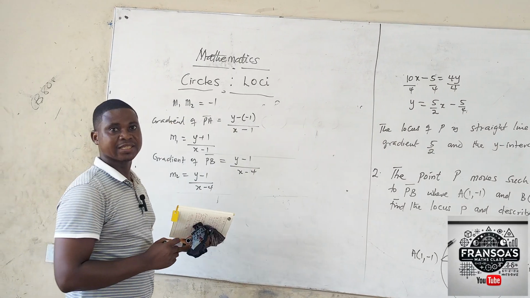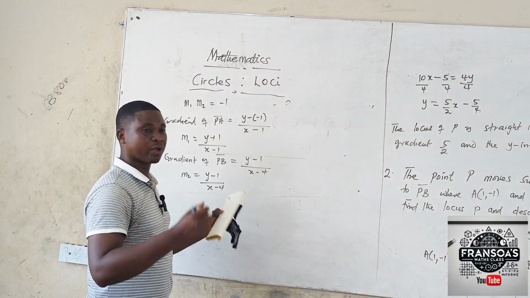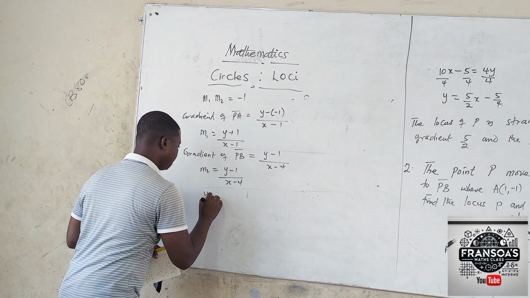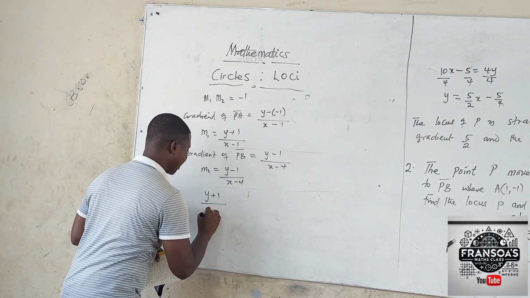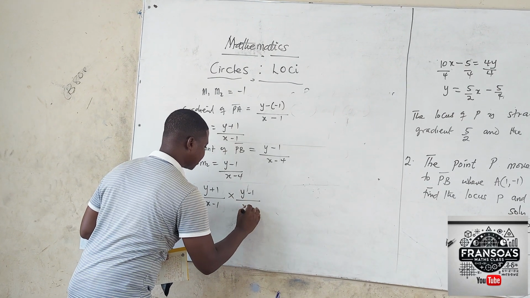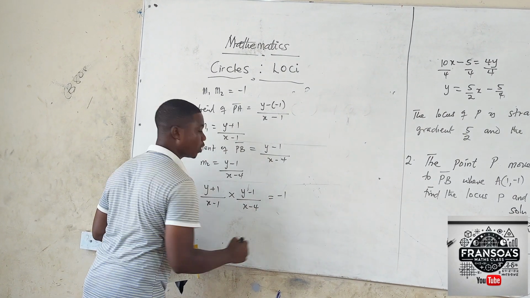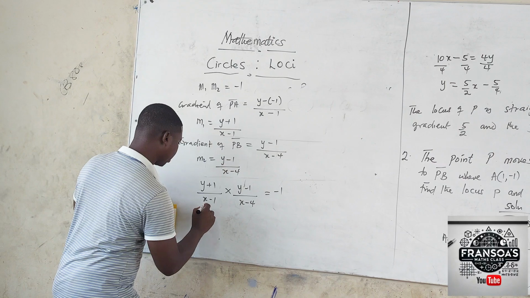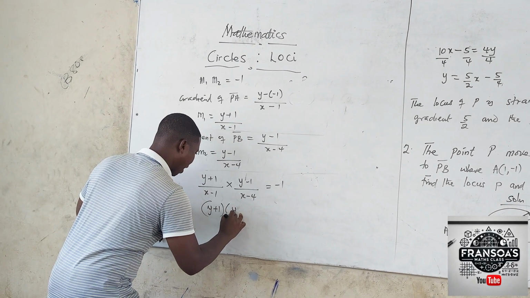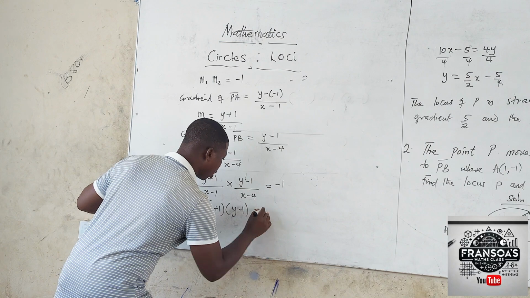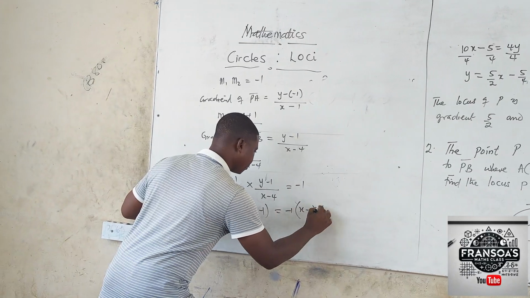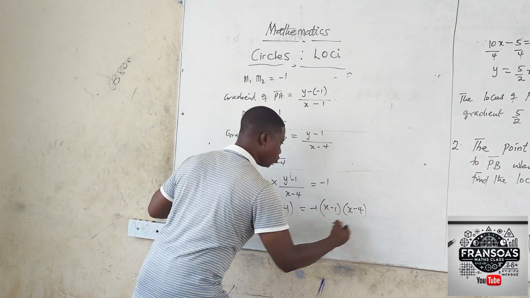If they are perpendicular, when you multiply the gradients you should get negative 1. So y plus 1 over x minus 1 times y minus 1 over x minus 4 equals negative 1. Multiplying, y plus 1 times y minus 1 equals negative 1 times x minus 1 times x minus 4.